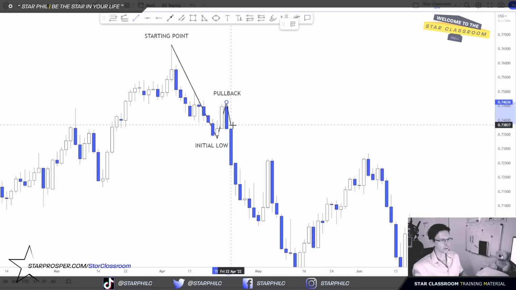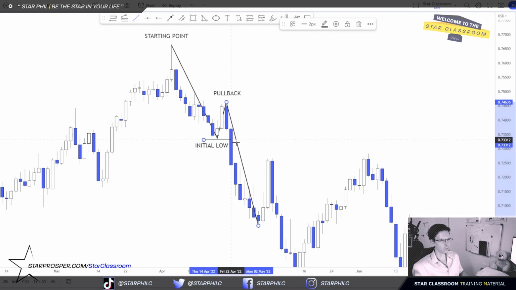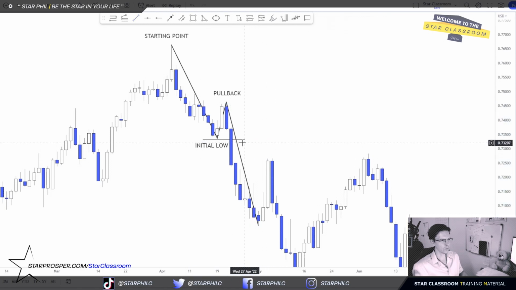So price action moves all the way down, breaking and closing below this low right here. This was our initial low. This candle pushes past that low. The body of this candle closes below the wick of this candle, and it gives us a new structure low.